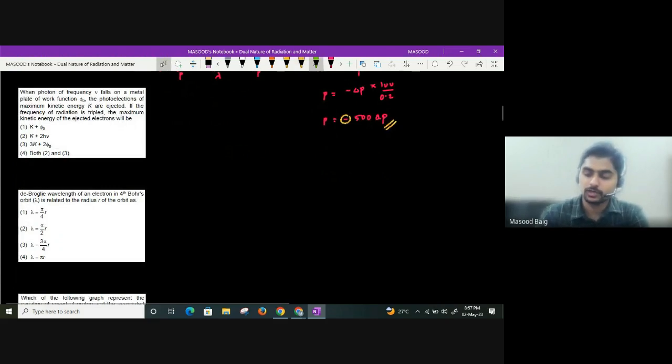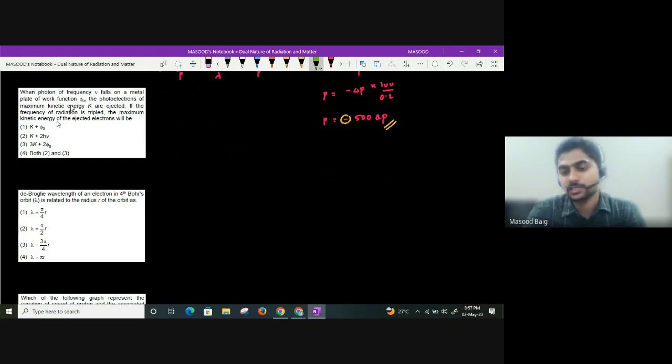When a photon of frequency nu falls on a metal plate of work function phi naught, the photoelectrons of maximum kinetic energy K are ejected. If the frequency of radiation is tripled, what will happen to maximum kinetic energy? Please remember, guys, kinetic energy and frequency will follow a straight line. Stopping potential and frequency will also follow a straight line, but that straight line doesn't pass through origin.